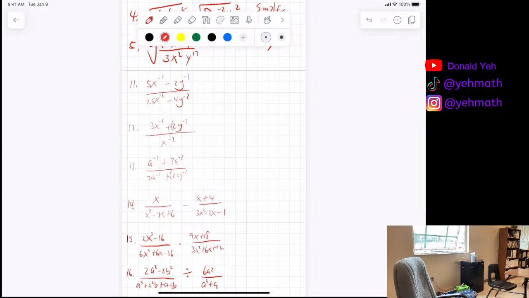What is simplify x to the negative 2 over x to the 5? Okay, so x to the negative 7 is, and this is equal to 1 over x to the 7 like this.